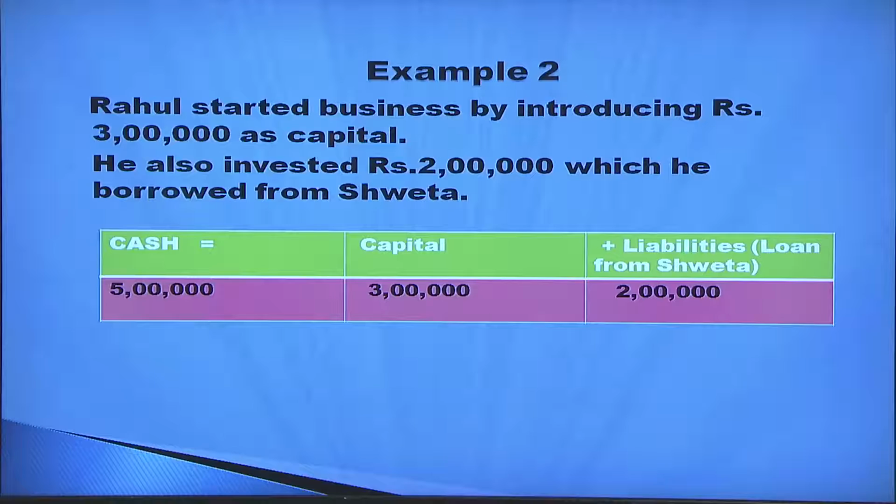That is 5 lakh is coming in the business as cash and capital 3 lakh and loan 2 lakh. Cash equals capital plus liabilities, that is asset equals capital plus liabilities. Earlier accounting equation is given, cash 5 lakh equals 3 lakh plus liabilities 2 lakh.